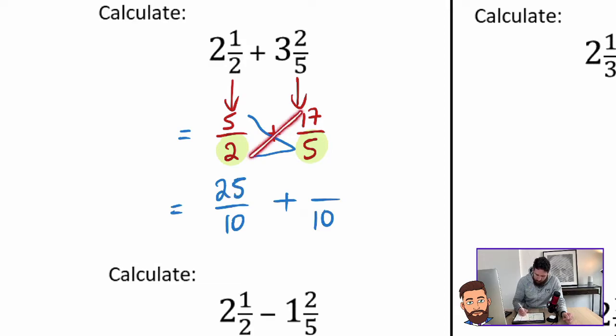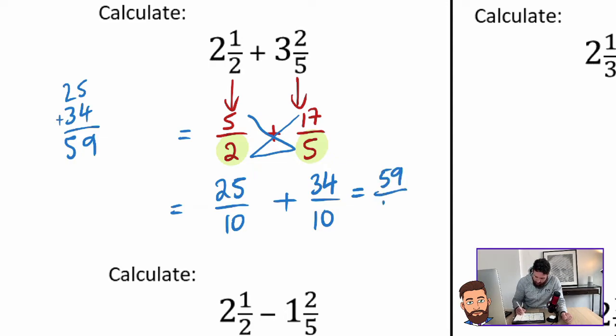What goes here? 2 times 17 is 34. Adding together 25 and 34. And again, if you're not confident doing it in your head, a really good exam skill would be to just do a column on the side. Don't feel like you have to do things in your head. You can just do a column, add them up if it's quicker for you, and makes things easier, that would be 59 over 10.